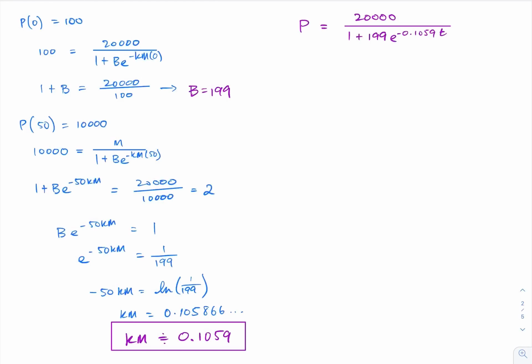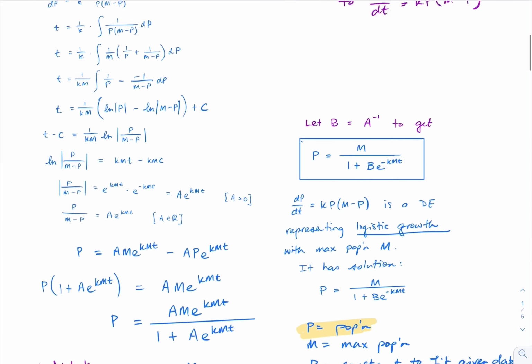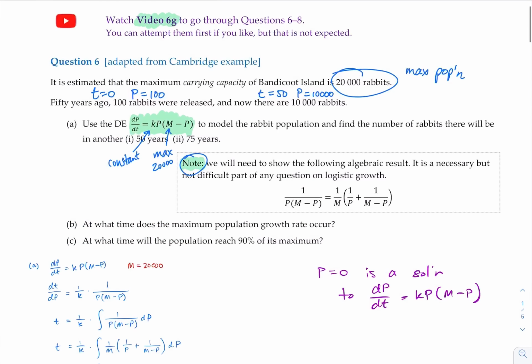Okay, and so to actually answer the question, I'm sorry this is so long, but I can't help it. To actually answer the question, find the number of rabbits there'll be in another 50 years and then another 75 years.